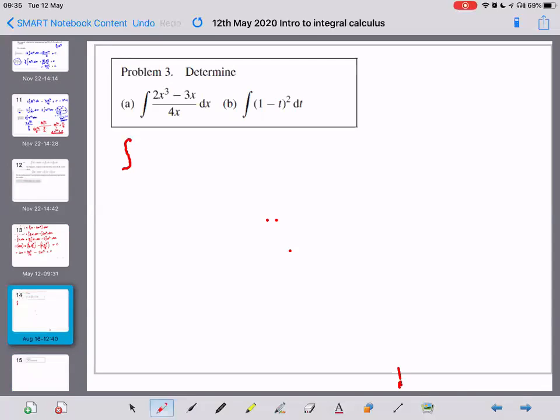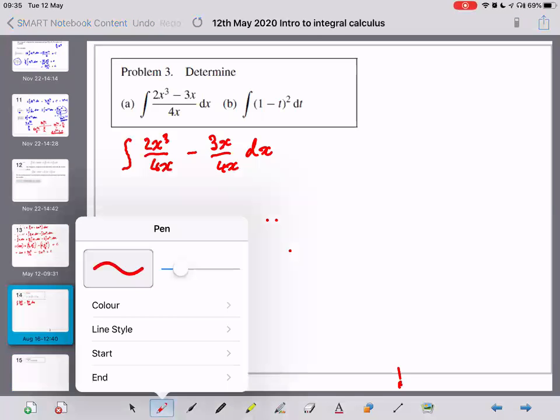Integral of 2x cubed over 4x minus 3x over 4x dx. And then what we've got in there is some cancelling that can happen.